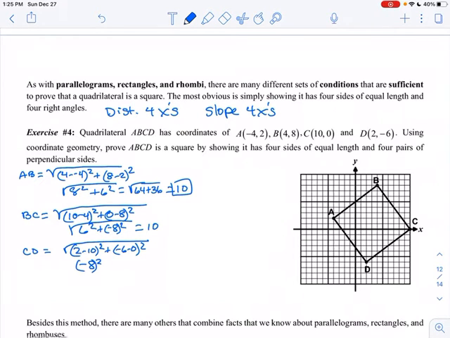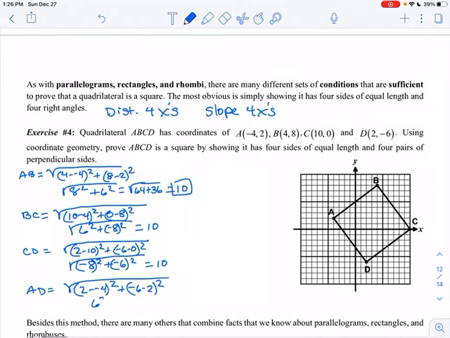Again, negative 8 squared and negative 6 squared, but we already know 8 squared plus 6 squared is 64 and 36, which is 10. And side AD, which is 2 minus negative 4, there's my 6, and negative 6 minus 2, which is my negative 8. So 6 squared plus negative 8 squared, which once again is 10.